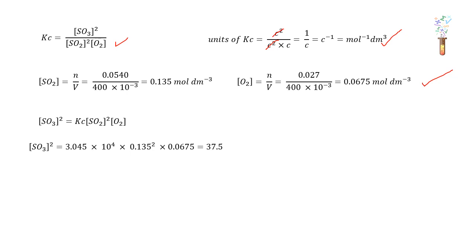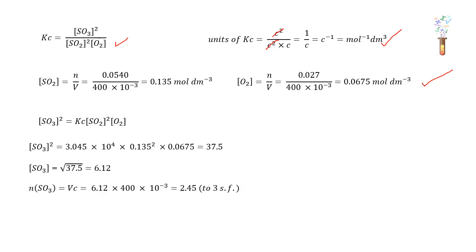Now, if you've forgotten to do these concentration things here, you won't lose all these marks. You will still get a mark for putting it correctly into this expression here with the moles by accident, but that would be it. You would just get the 1 mark for rearranging, essentially. So I worked that out, and then I square rooted it because that was SO3 squared and I wanted SO3, but this isn't the final answer because this is the concentration of SO3 and the question wanted moles.